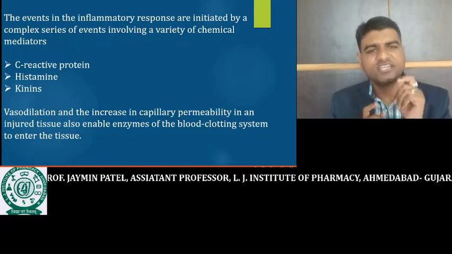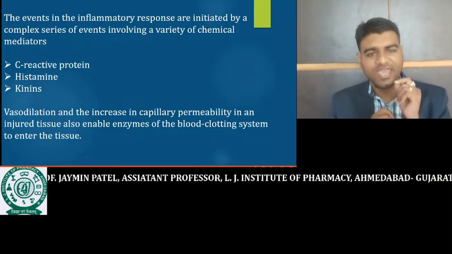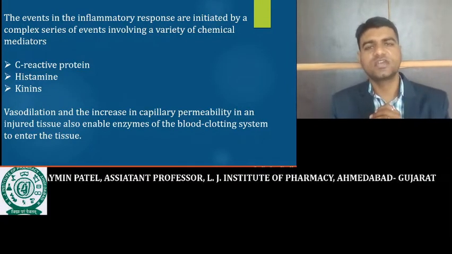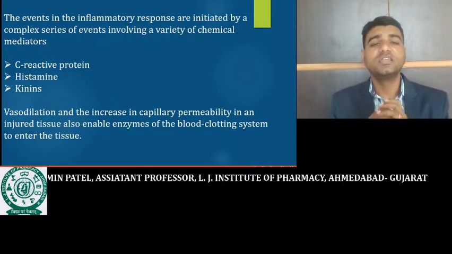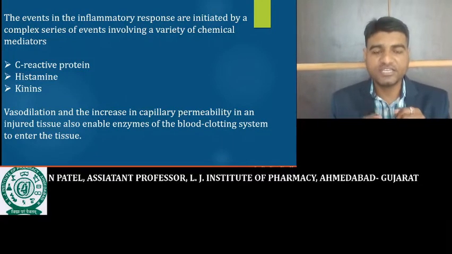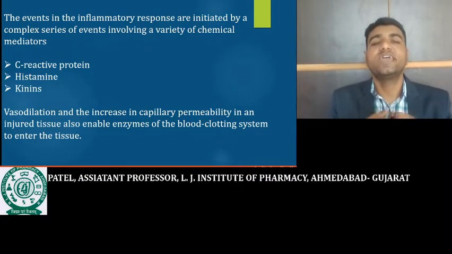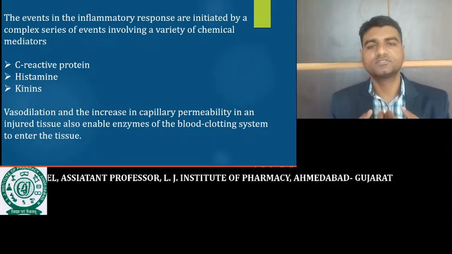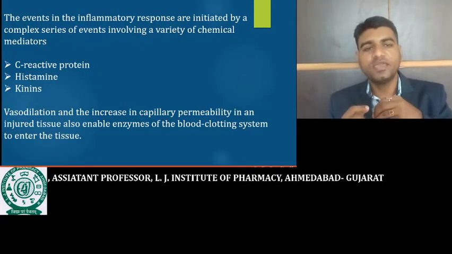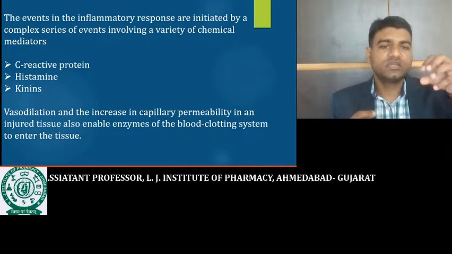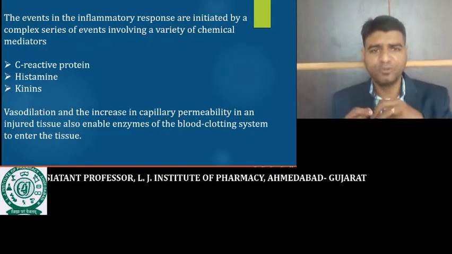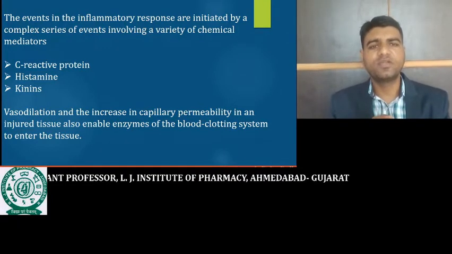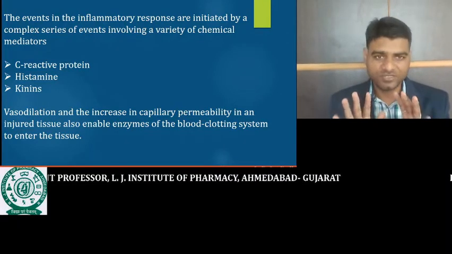When any injury or damage occurs at that particular part, the liver in response to that injury produces this C-reactive protein. And this C-reactive protein will be connected with the bacteria, with some fluid that is normally excreted outside the blood vessels even without vasodilation.